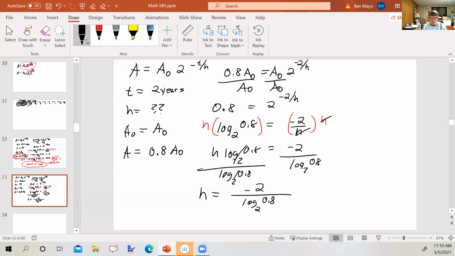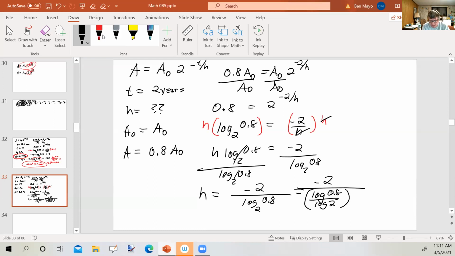Okay, so I've solved for H, but I still have a problem on the right side, that log in the denominator. I'm going to need to use the change of base formula. So this is going to be negative 2 divided by the quantity log of 0.8 over the quantity log of 2. Now, if I'm going to put all this into my calculator, I need to quantify that.